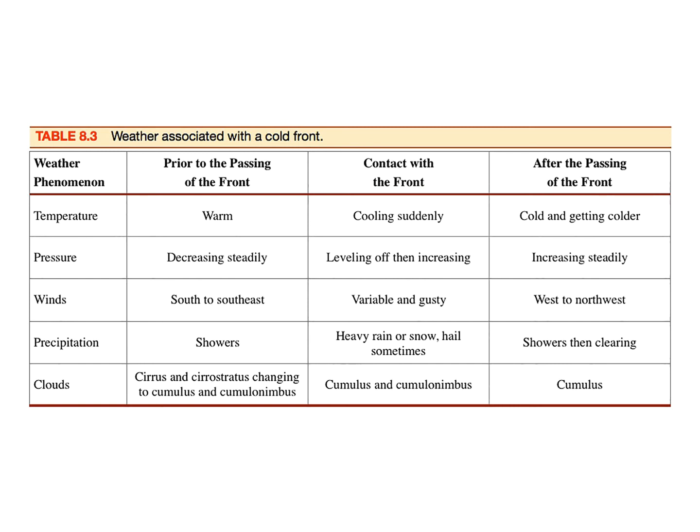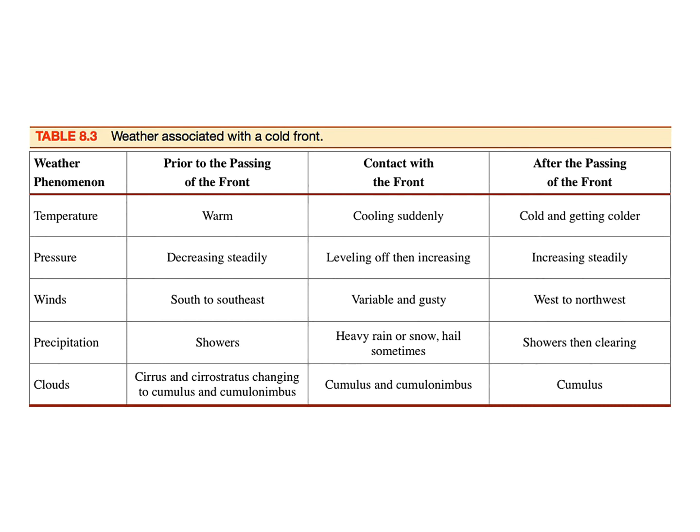Contact with the front, leveling off, then increasing. And then after the passage of the cold front, you would get an increasing atmospheric pressure. In terms of winds, prior to the passing of the cold front, the winds would be from the south to southwest. Contact with the front, they would suddenly get variable and gusty. And then after the passage of the cold front, the winds would change from the west to the northwest.